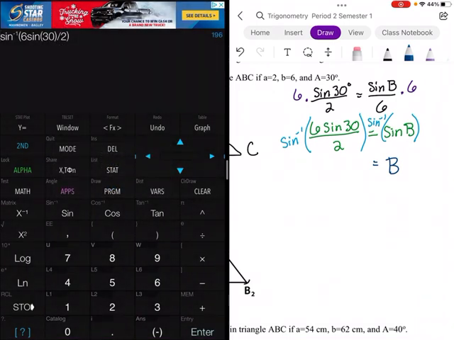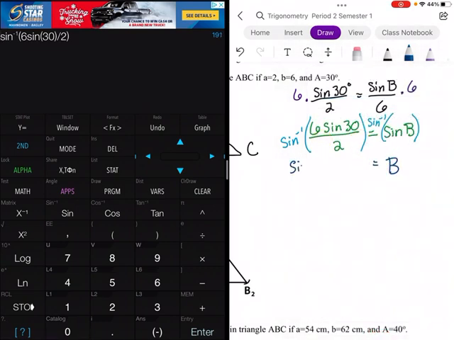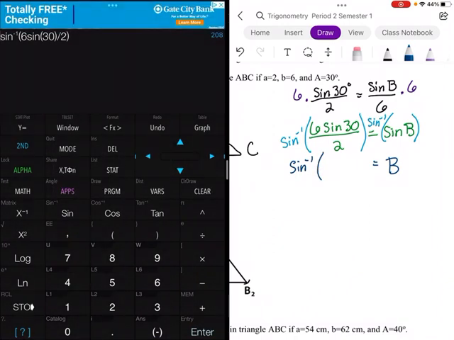And the reason is because if we do 6 sine of 30 divided by 2, this is taking the inverse sine of 1.5. And we know we can't take the inverse sine of a number that's greater than 1 or less than -1. So this one would make no triangles.